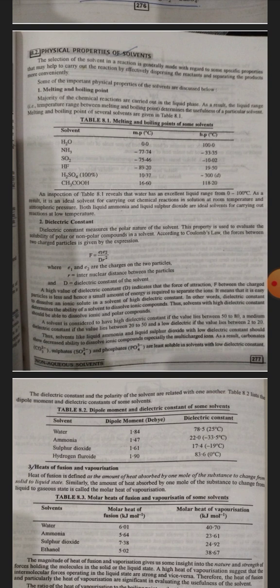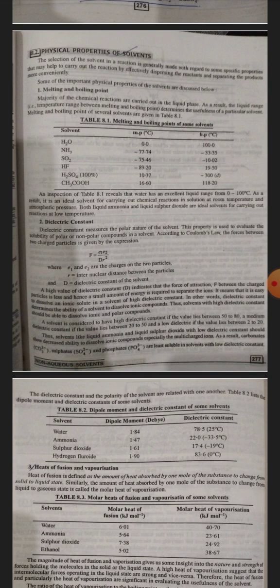Melting and boiling point. The majority of chemical reactions are carried out in the liquid phase. As a result, the liquid range, the temperature range between melting and boiling point, determines the usefulness of a particular solvent. Melting and boiling points of several solvents are given.